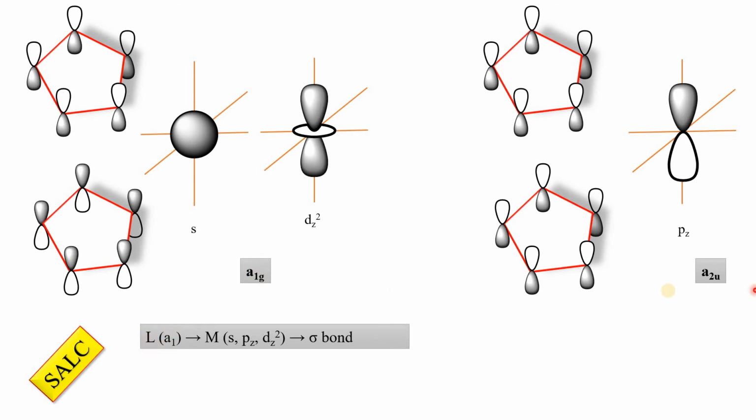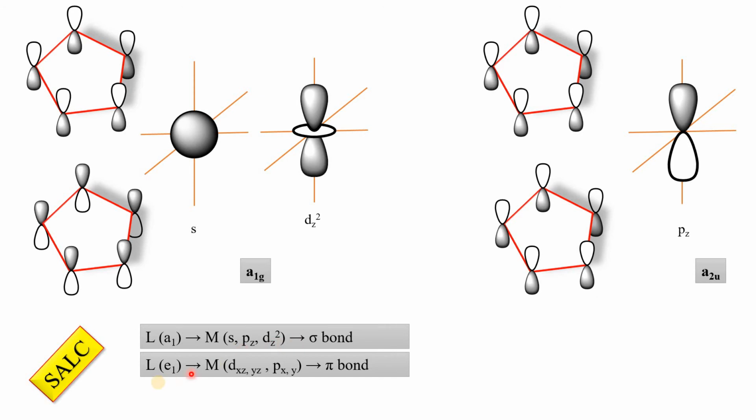These donate electrons to the metal, either S, PZ or DZ square, any one which has a matching symmetry or energy. There is formation of the sigma bond. So electron will flow from this orbital to this orbital and formation of sigma bond takes place.